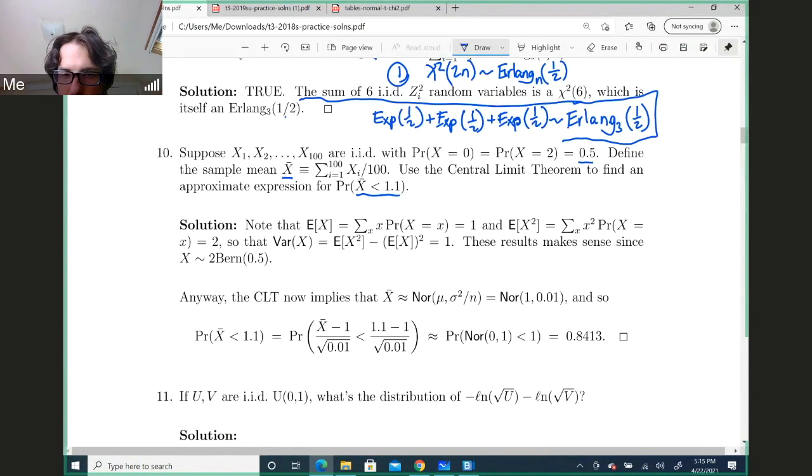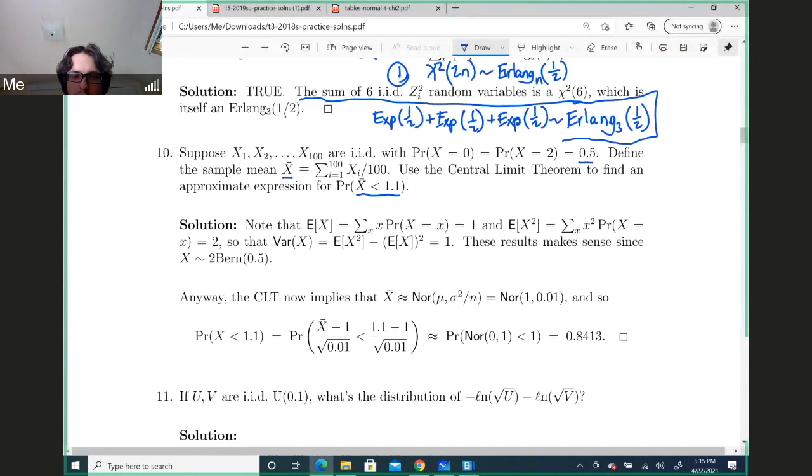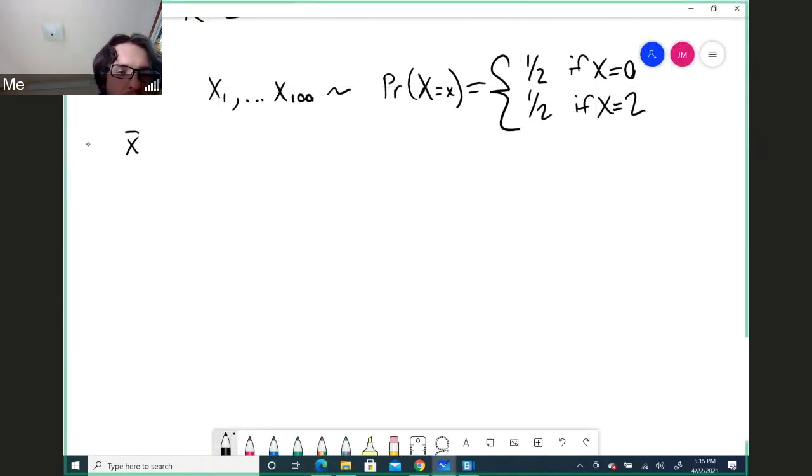Did I write that down correctly? Yeah, okay. Cool. And we are also told that we want to find the probability of the sample mean being less than 1.1. So this is what we want to find.